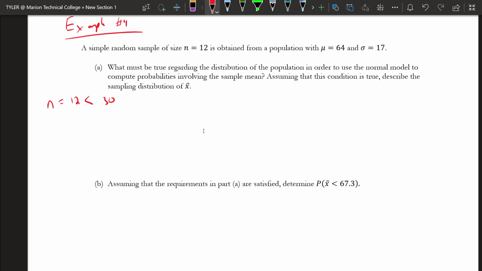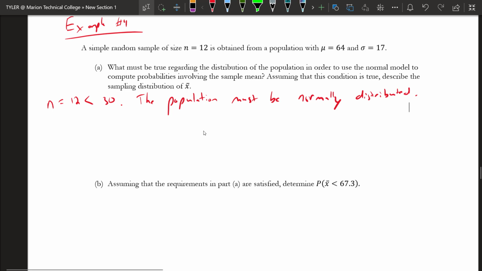So if that condition is true, then the sampling distribution of x bar will be approximately normal.